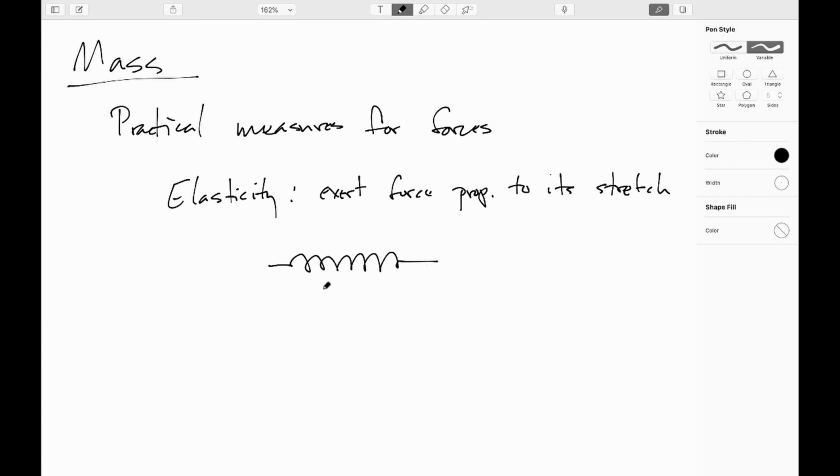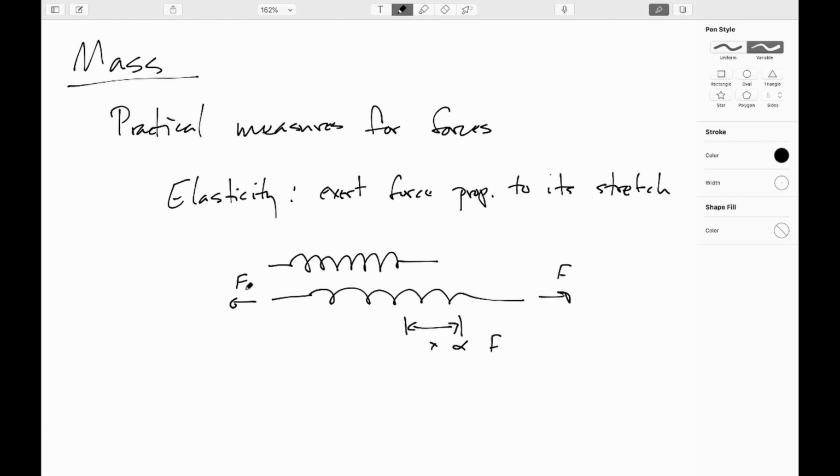And then if you go and stretch that spring under a load, like so, this extra distance that the spring gets stretched will be proportional to the force that's being used to stretch the spring.